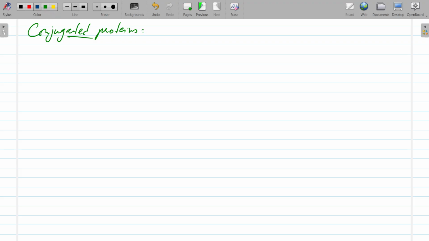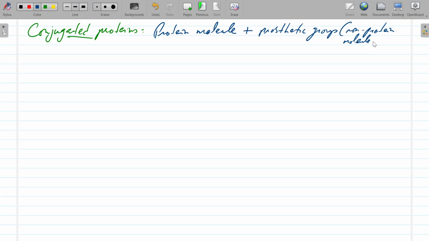Basically what this means is you've got a protein molecule plus another molecule or substance that is non-protein, that is attached to the protein, which is called a prosthetic group. So it is a non-protein molecule or substance that is attached to the protein.